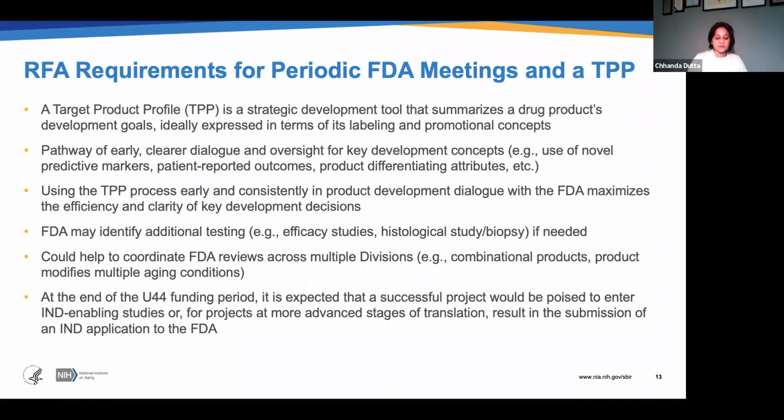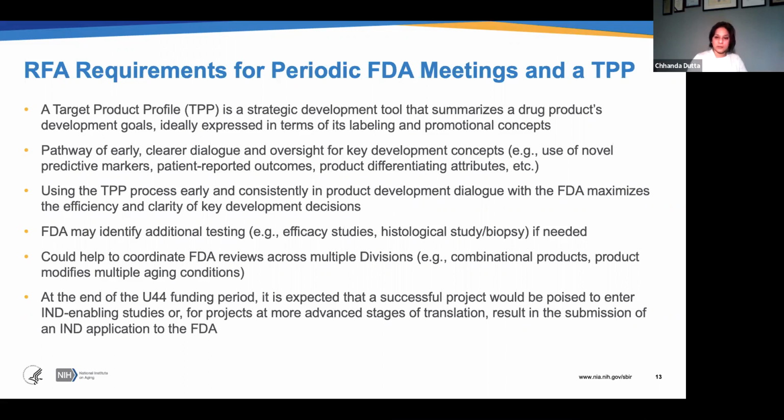The other thing is if your claim or your clinical indication cuts across multiple outcomes, it's very likely that you'll be interacting with multiple divisions, because the FDA divisions are very much organized by physiological systems and disease categories. And so if you start interacting with them early in the process, the FDA can help you coordinate your application or your drug across the various divisions that may be involved in the regulatory discussions.